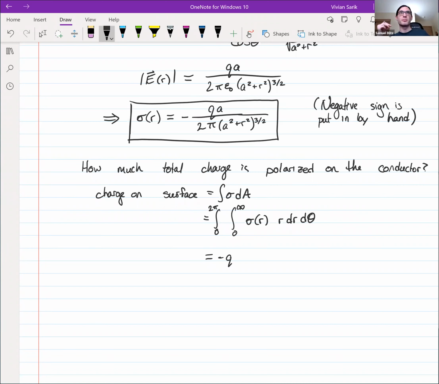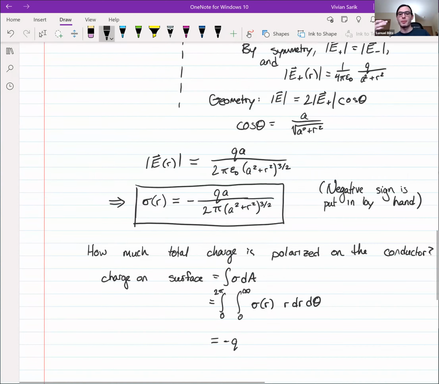You wouldn't expect more negative charge to accumulate because what's effectively happening is the positive charge will pull as much charge as needed to produce the field that you get from the method of images.